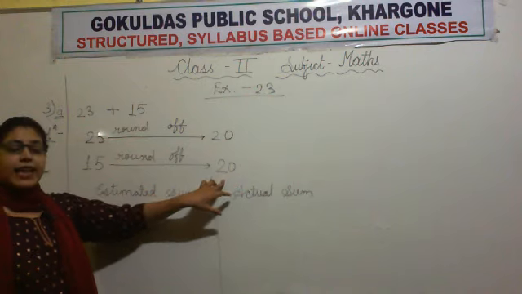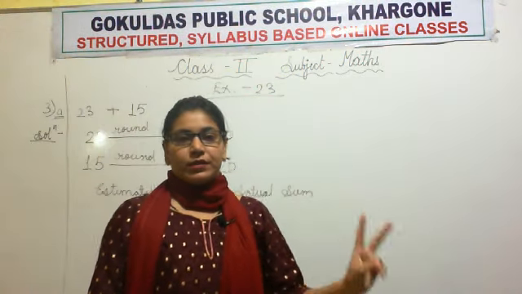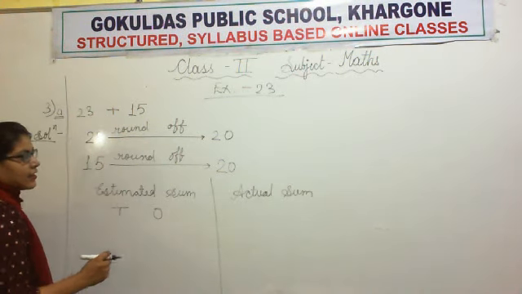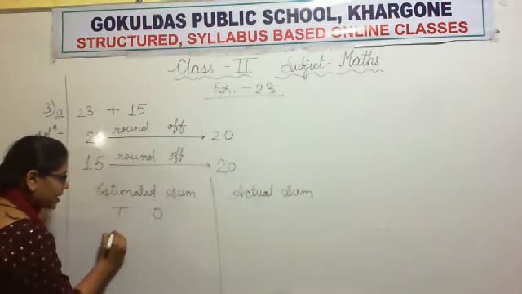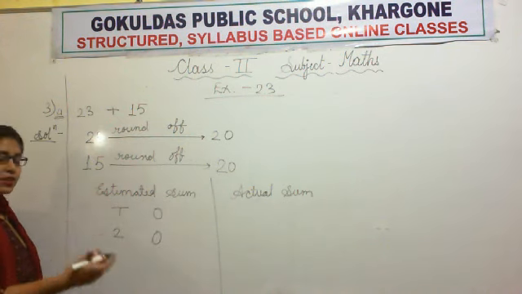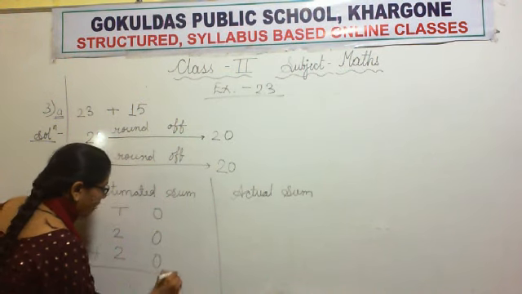So 2 digits are there, so we will write 2 place values, that is ones and tens. The first estimated value is 20. The second estimated value is also 20. So let's add them.